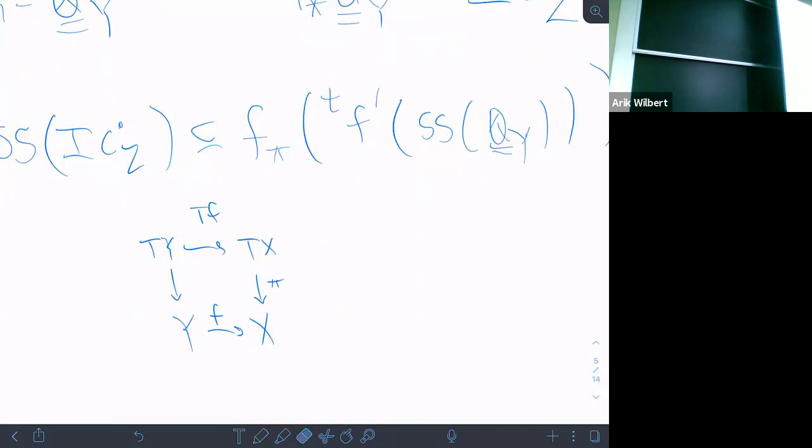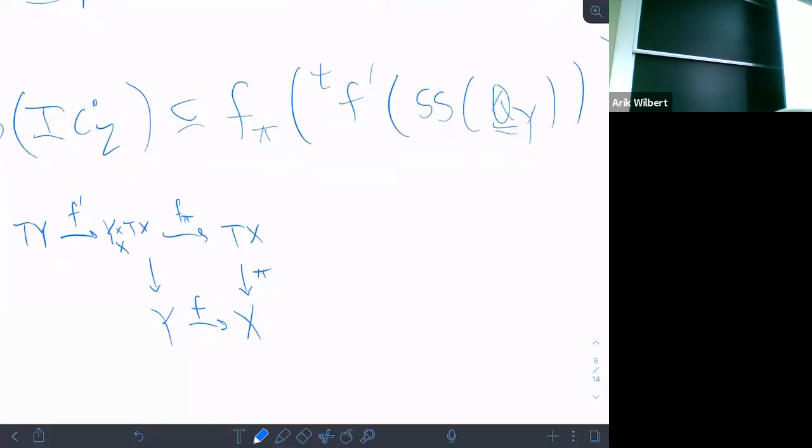It factors, so this tangent map factors through the pullback. Let me draw the pullback here. Really I want to say that this composition is the tangent map. They call this f prime, and this pi. Then by duality, they get the picture that they actually want to look at on cotangent bundles.